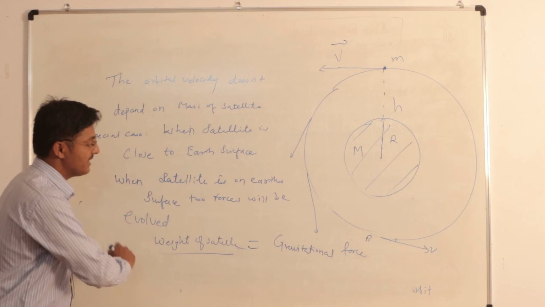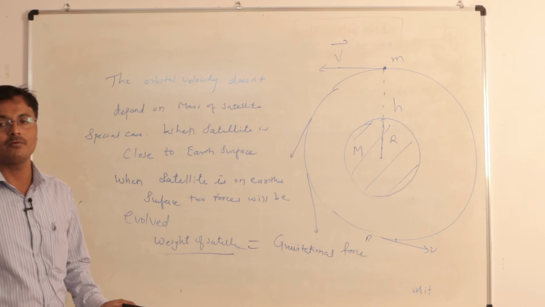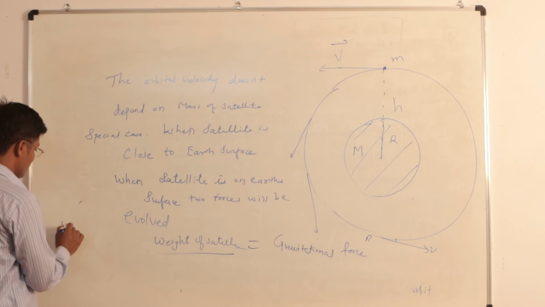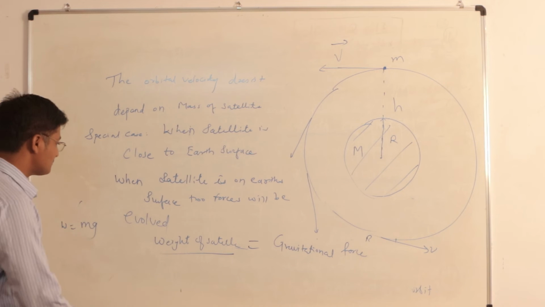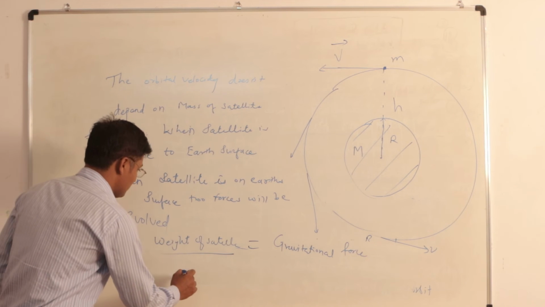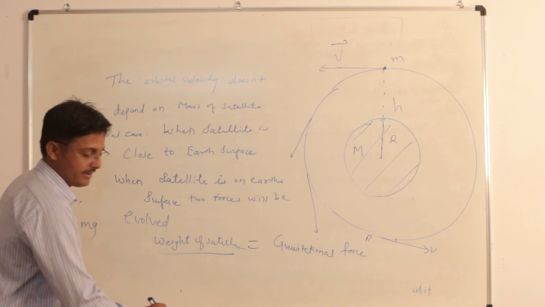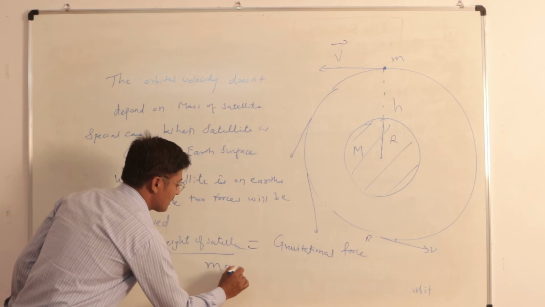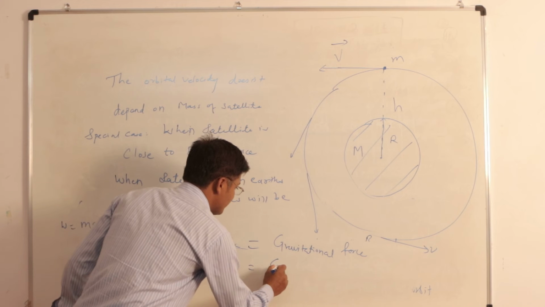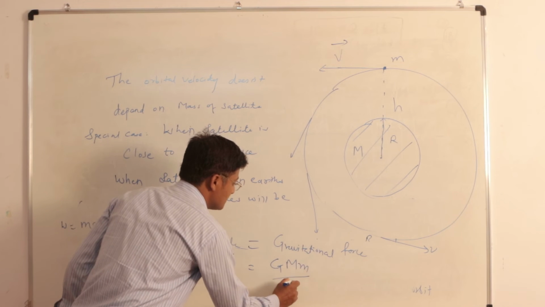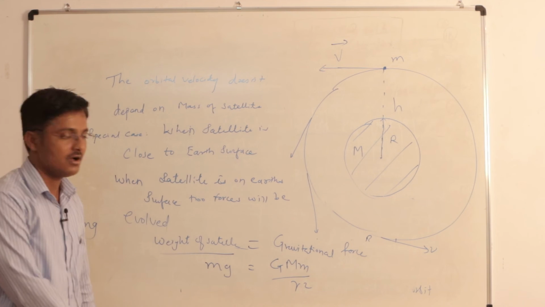मग weight of satellite काय येईल? We know that formula of weight W equal to mg. So I will write weight of satellite mg equal to, what is the gravitational force between satellite? GMm upon r square.